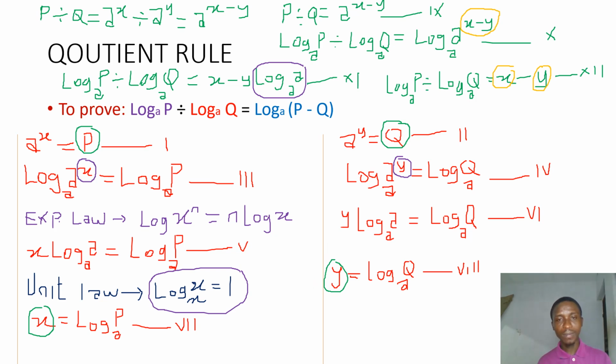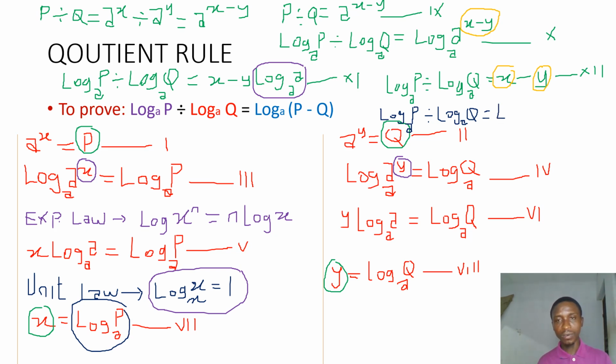And in doing that, we have, let's use another ink now, because that will be our final answer. We have log p base a divided by log q base a equal to, look at the value of x. x is log p base a, so that is what we substitute for x.